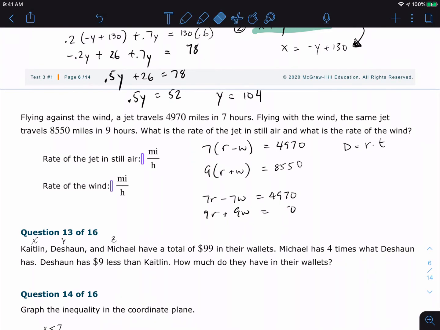That's not very neat. So I'm going to multiply the top one by what number, if I want to eliminate the w's? What do you guys think?